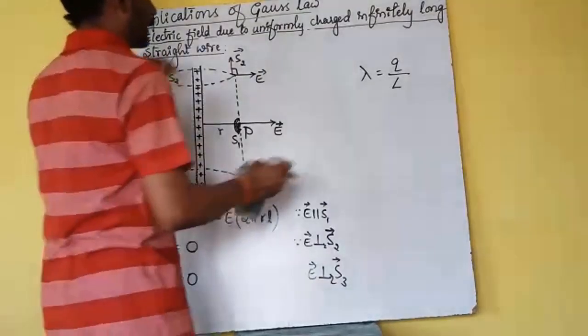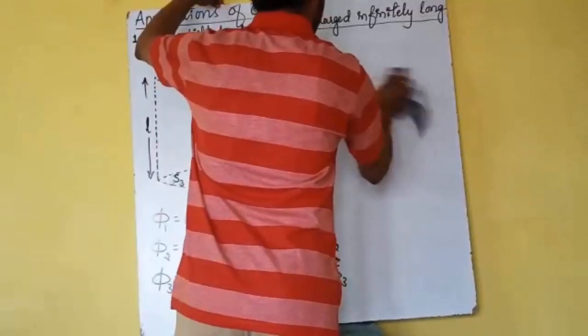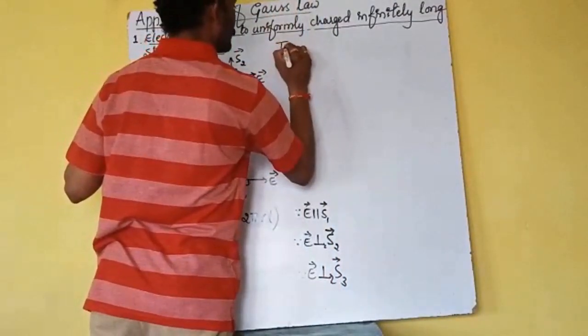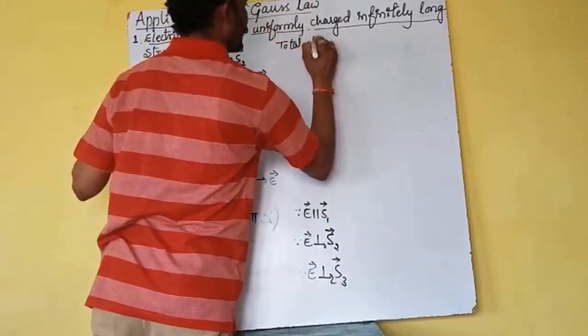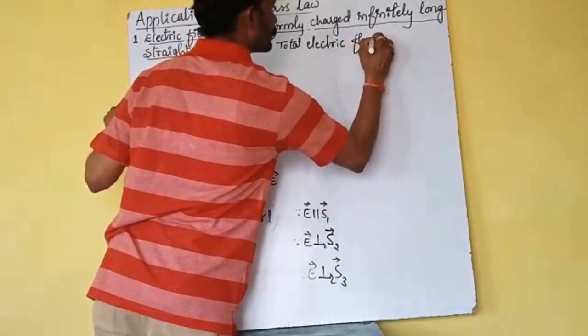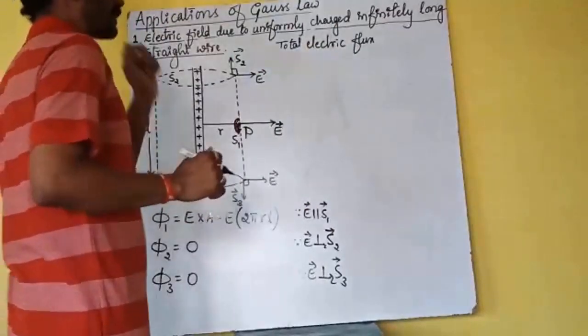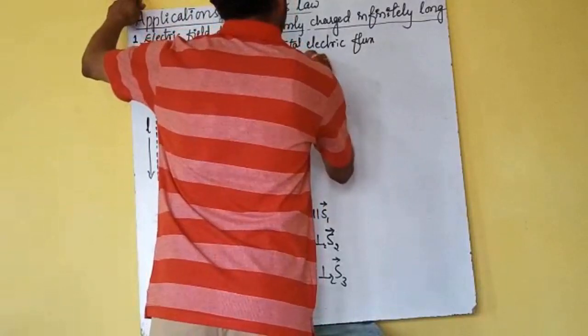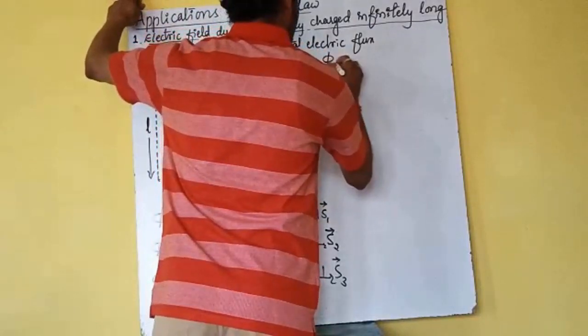Now, the total electric flux through the entire Gaussian surface is phi equal to phi 1, for unit length.